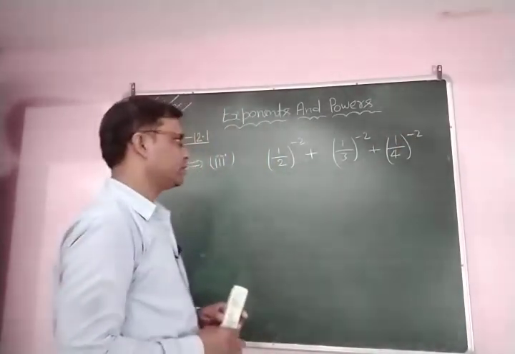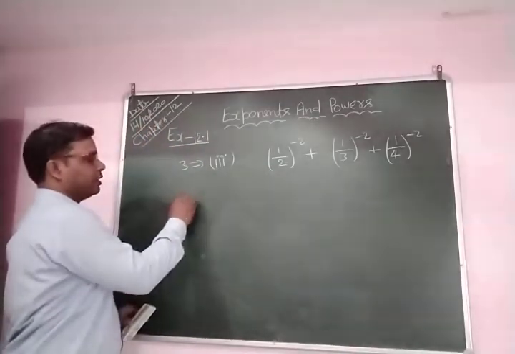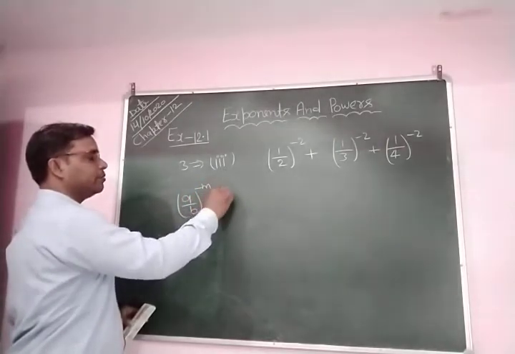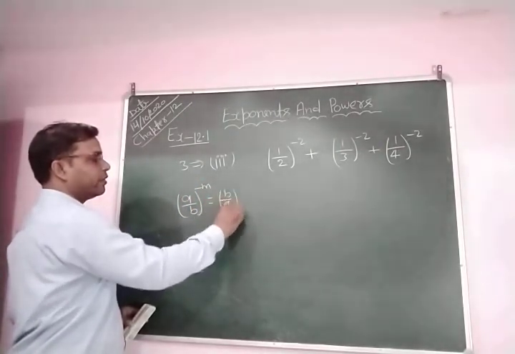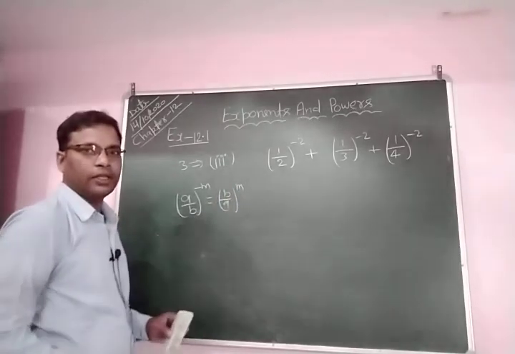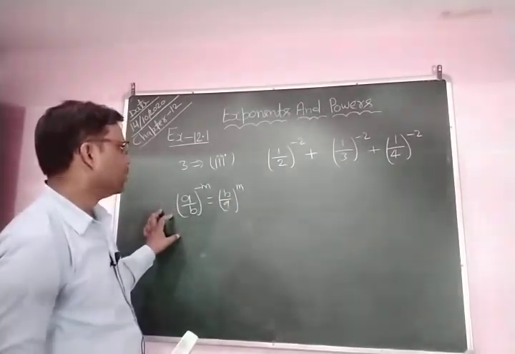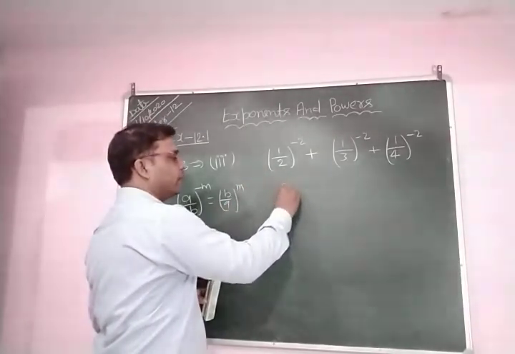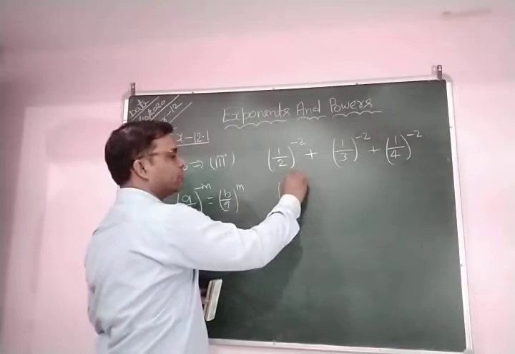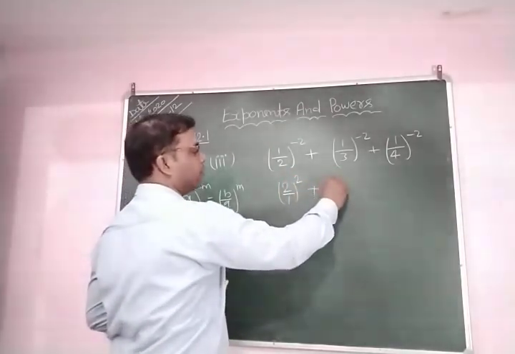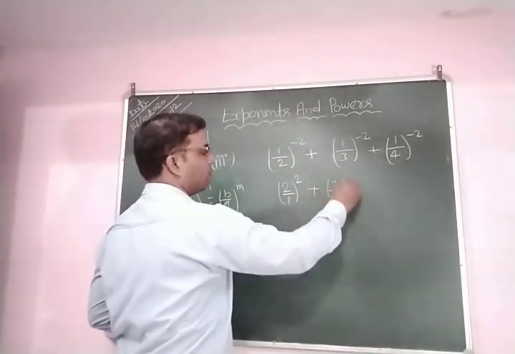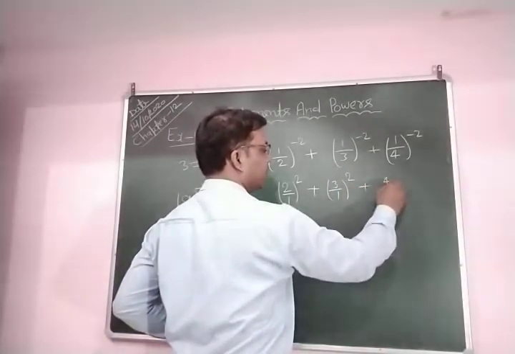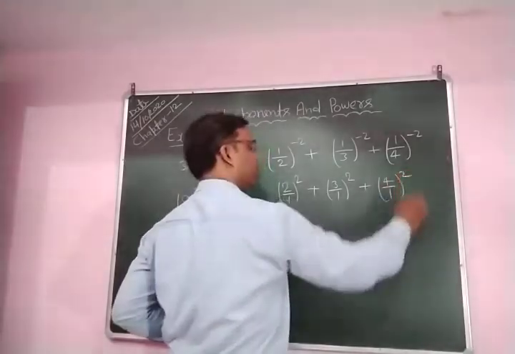Clear? So you know very well, if a by b whole power minus m, you can write it b by a whole power plus m. Okay? So apply this law. According to this law, it becomes 2 by 1 whole power 2 plus 3 by 1 whole power 2 plus 4 by 1 whole power 2.